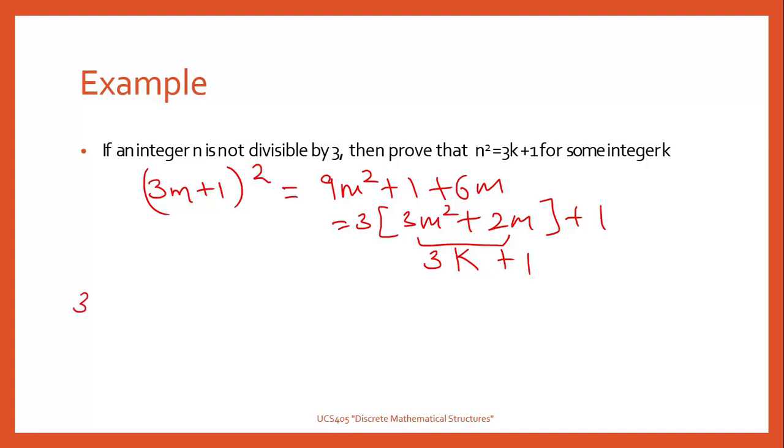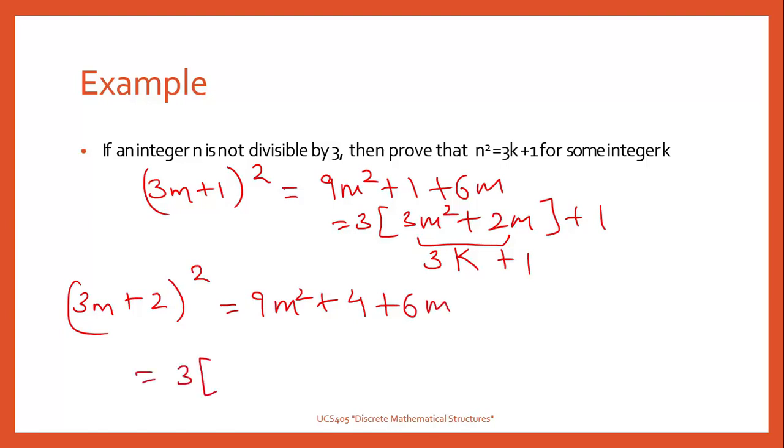Second case, if n is equal to 3m plus 2. Because n is not divisible by 3, two cases are there: either n will be equal to 3m plus 1 or n equal to 3m plus 2. Then n square will be equal to (3m plus 2) whole square, which will be equal to 9m square plus 4 plus 12m.